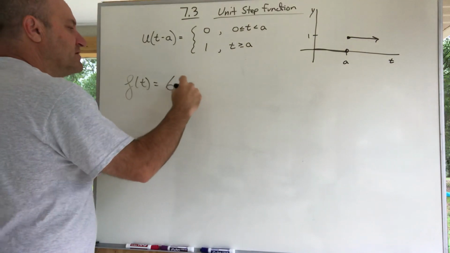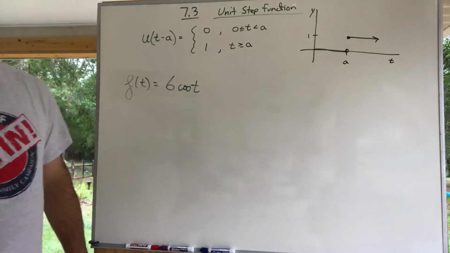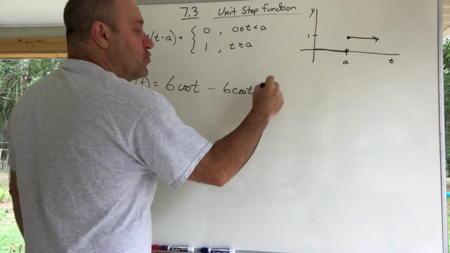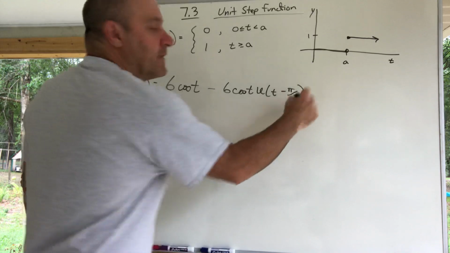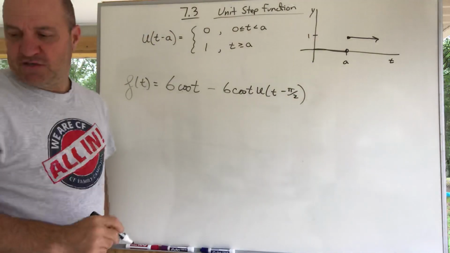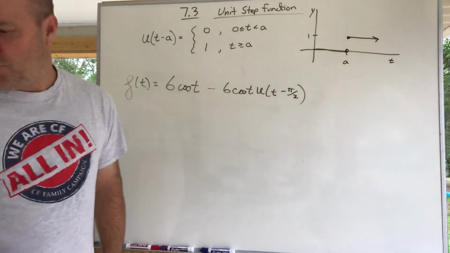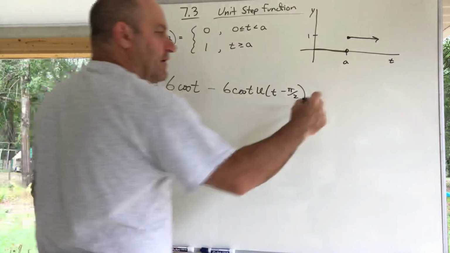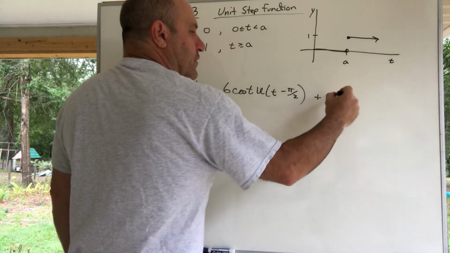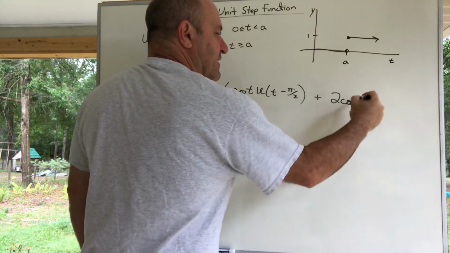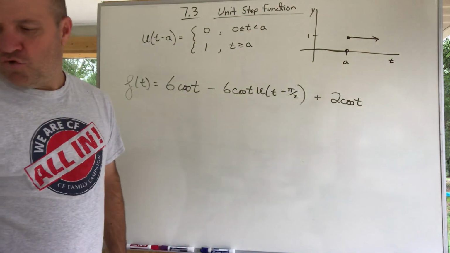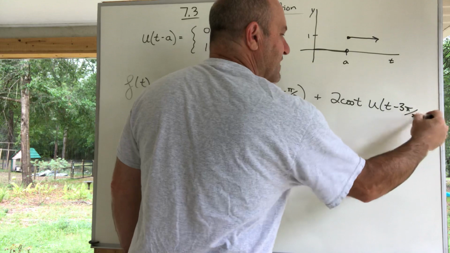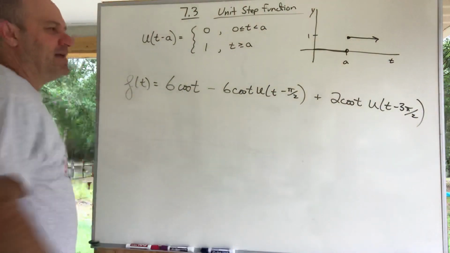I guess I'll try cosine. 6 cosine of t minus 6 cosine of t u(t minus pi over 2) plus 2 cosine of t u(t minus 3 pi over 2). Huh. That's kind of strange. All right, that's kind of crazy.